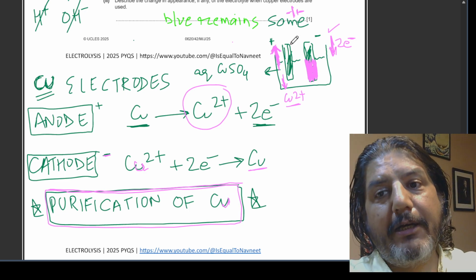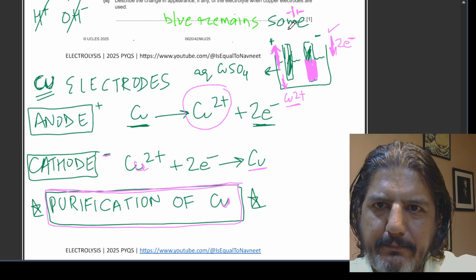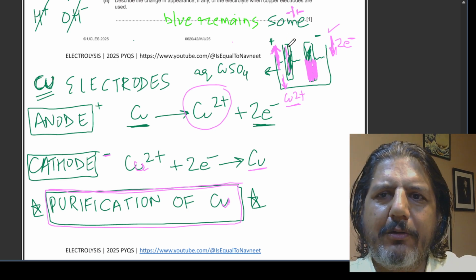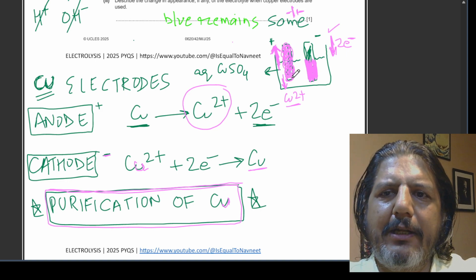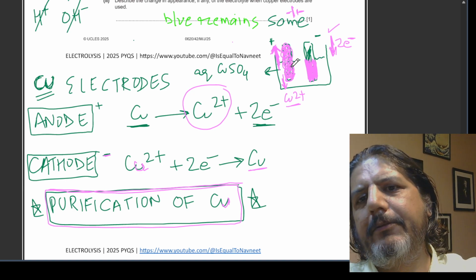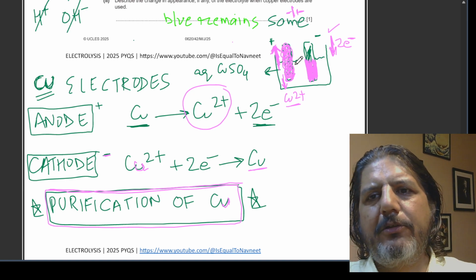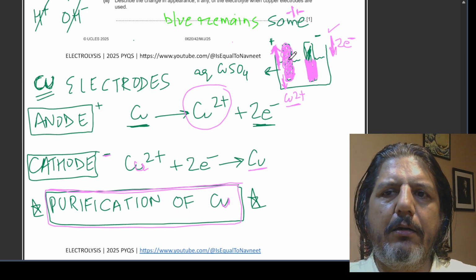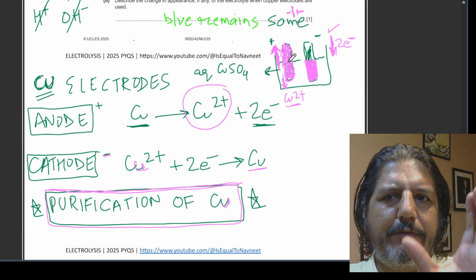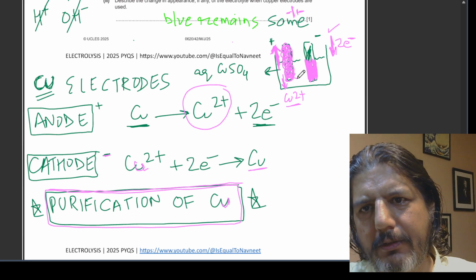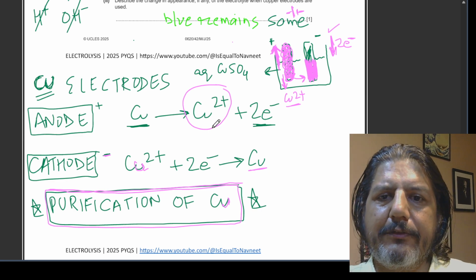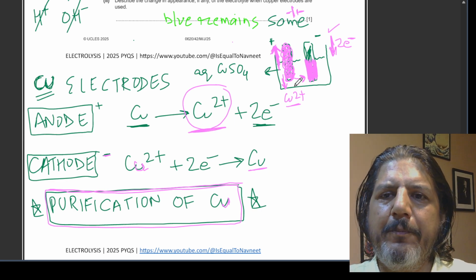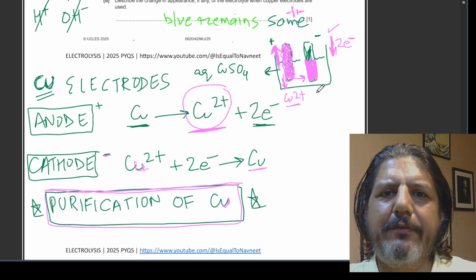So we will have impure copper on this side and pure copper on this side, and as the reaction goes on, the impure copper decreases in size, because the movement of copper is taking place from the left hand side towards the right hand side. But the interesting thing is that the concentration of Cu2+ is maintained.